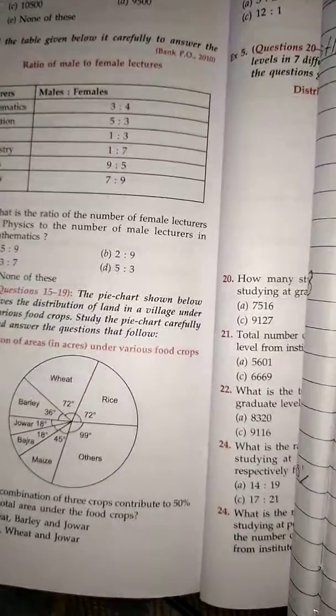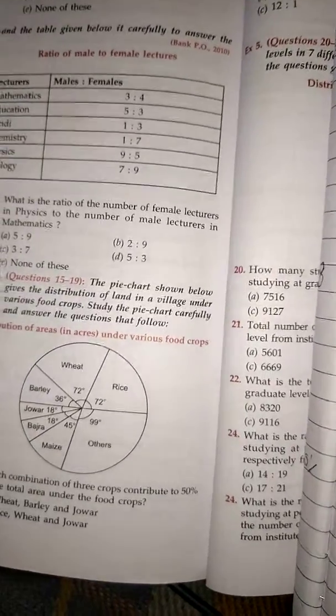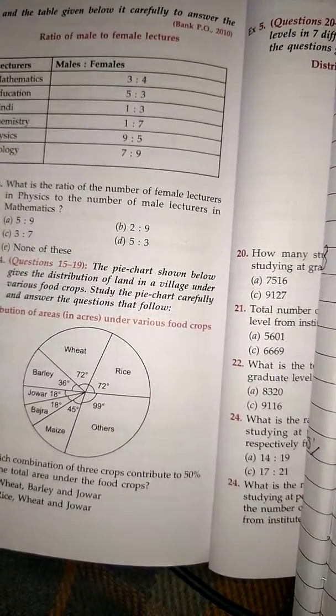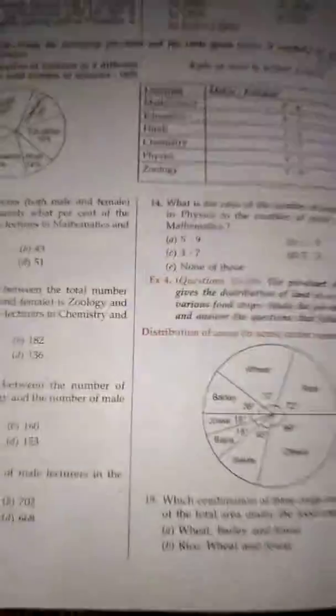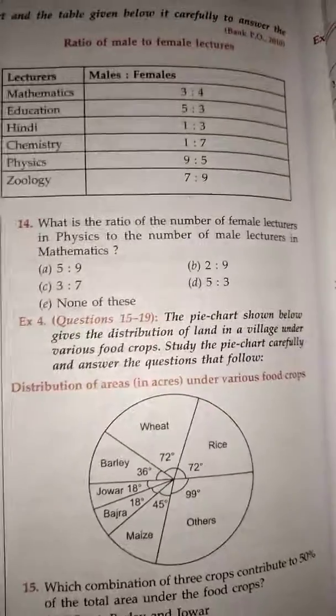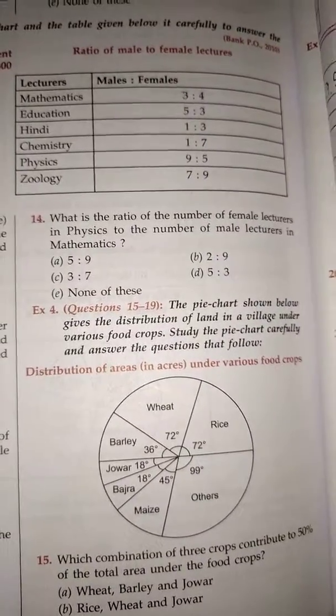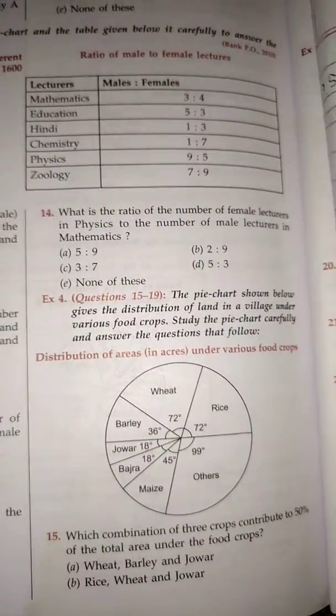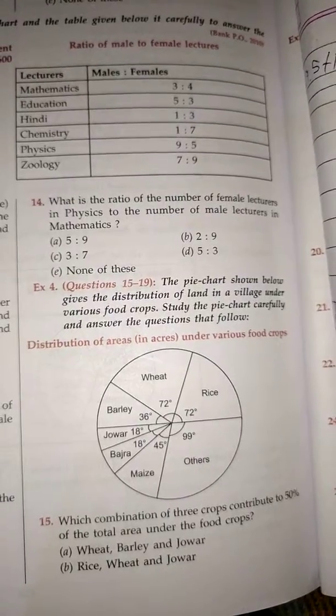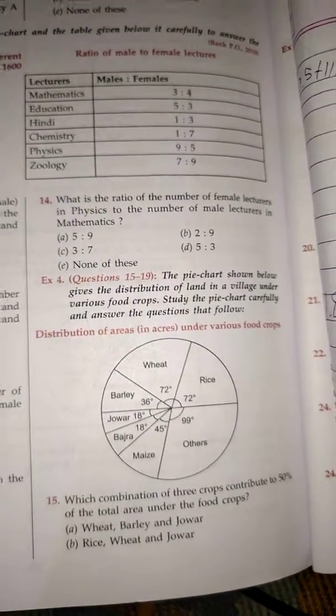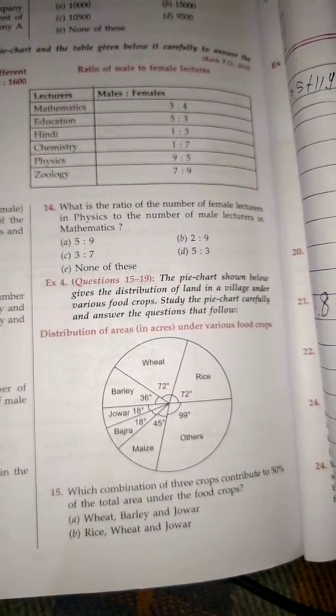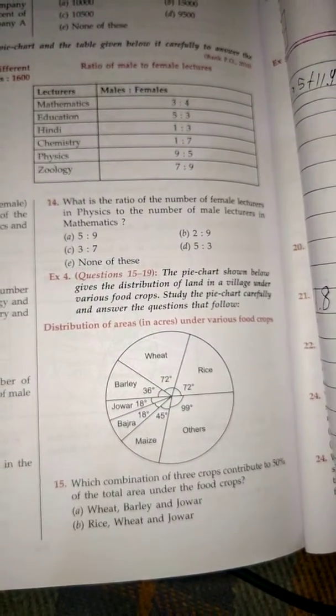And the next is, what is the ratio of number of female lecturers in physics to number of male lecturers in mathematics? Physics we are having 5 to 14 divided by male lecturers in mathematics.